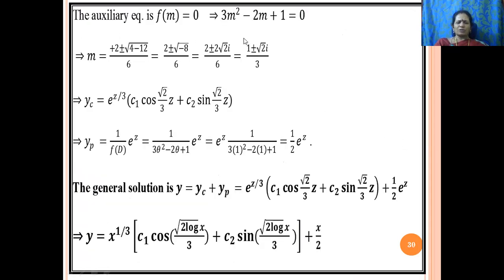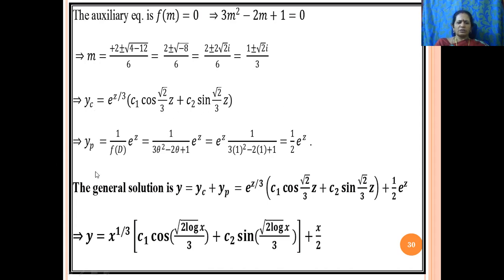So after getting the auxiliary equation, write down the complementary function yc. Observe whether the roots are real, distinct, equal, imaginary, or irrational roots.